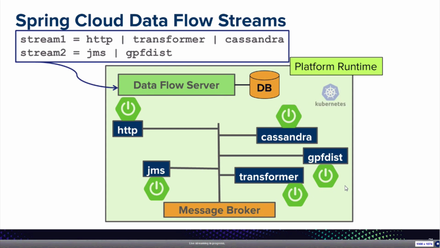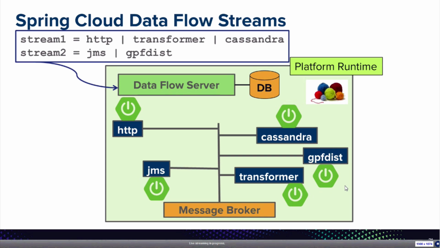The interesting point here that I'll condense on the next slide is that one downside of looking at this through a pipes and filters type model is that it can start to get very chatty very quickly. For example, if you look at the HTTP going to transformer, it's very likely that the transformer isn't doing all that much work, yet we have another hop on the message broker, maybe just to do some simple transformation.